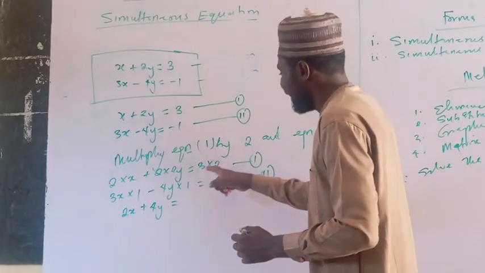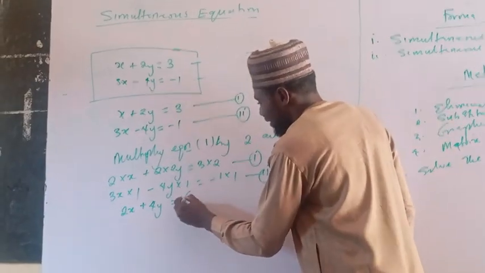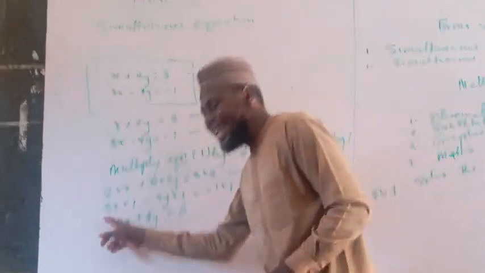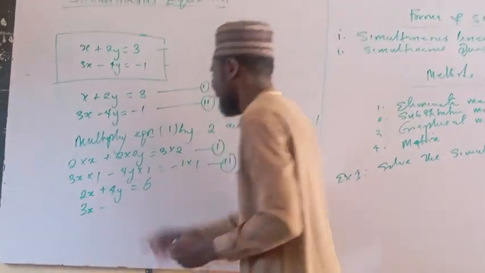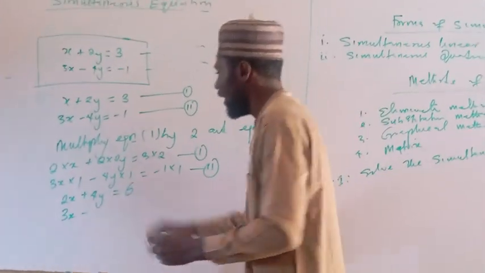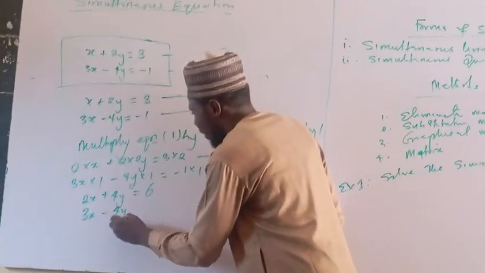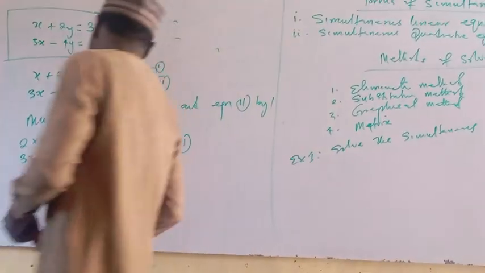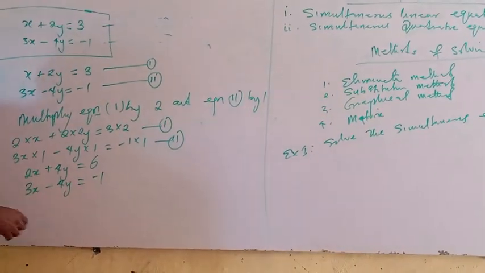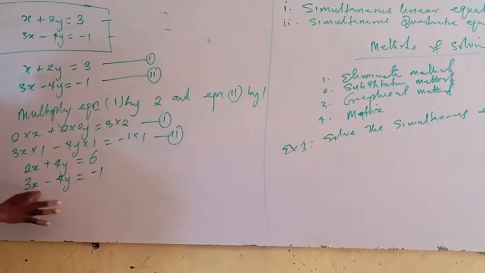Is equal to 3 times 2 is 6. Now, 3x times 1 is 3x minus 4y times 1 is 4y is equal to minus 1 times 1 is minus 1. Kun gani wannan equation 2 yana nan yadda yake ba abin da ya canza.